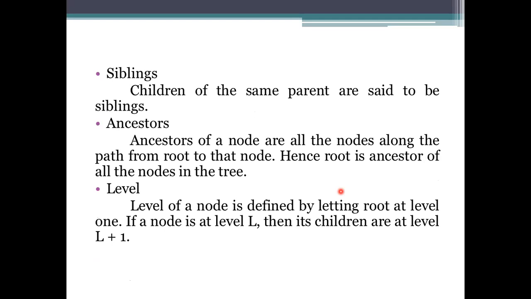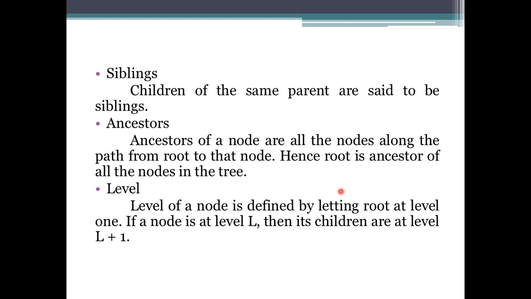If a parent node has multiple children, say two children, they are considered siblings. Ancestors are the parent node, and its parent node, and so on until you reach the root node; they are considered the ancestors of that node.